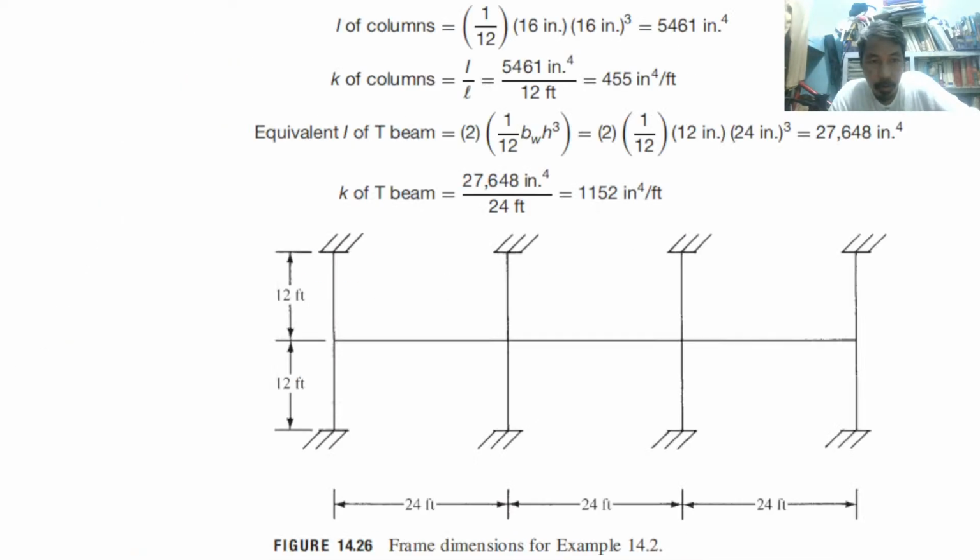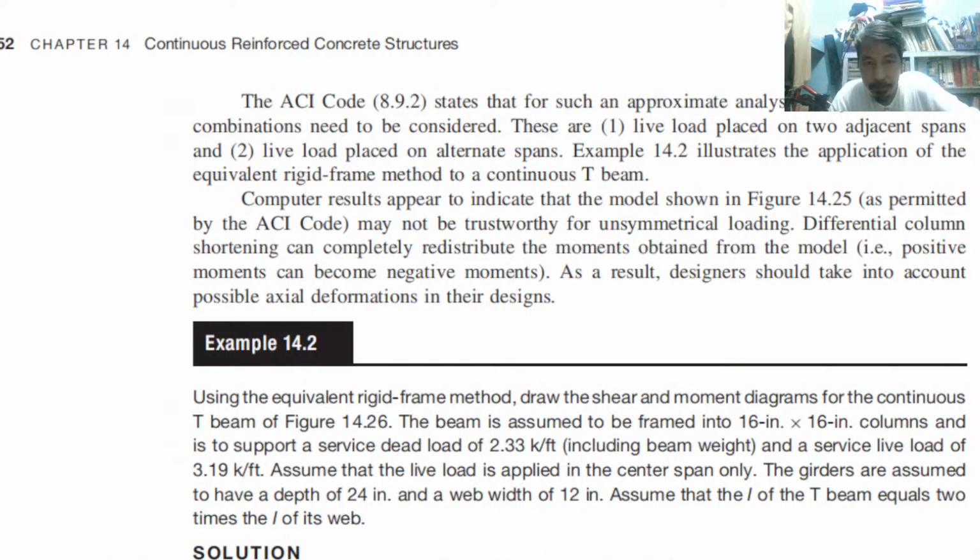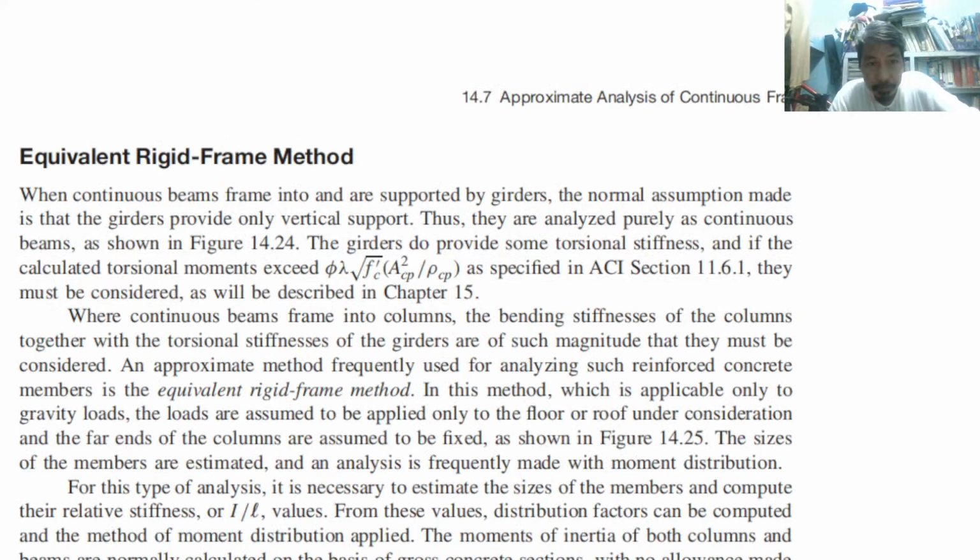So example number 2. Equivalent rigid frame method. When the continuous beam frame are supported by girders, the normal assumption made is that the girders provide only vertical support. So we have what we call torsional moment, this one.